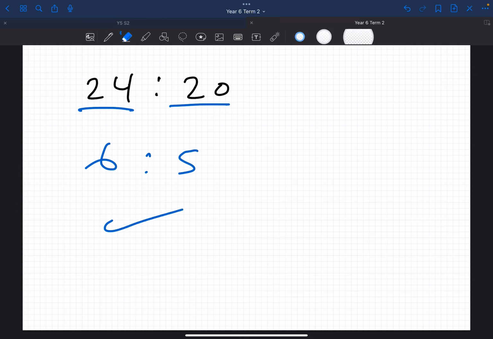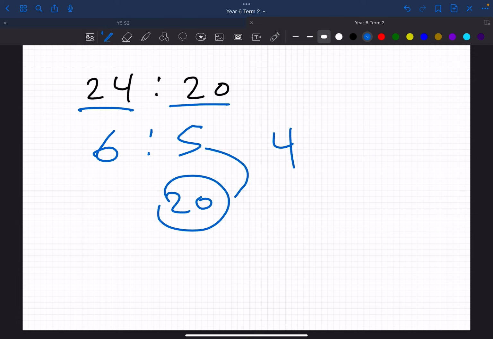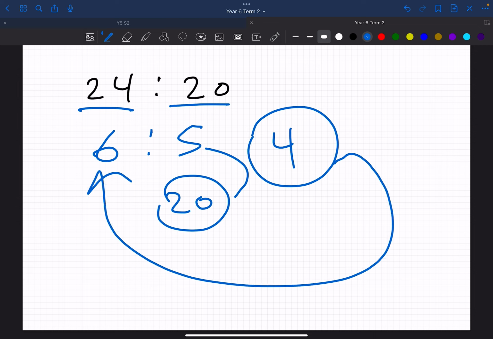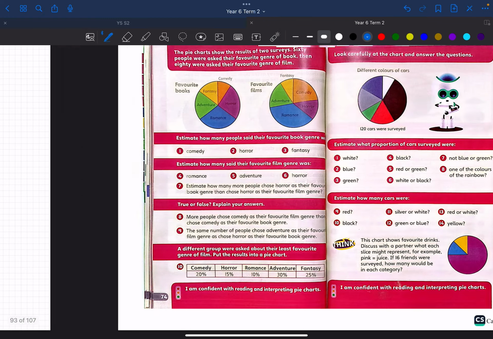So I am right. What was the step? The first step, I took the 20 and divided by 5. It gave me 4. Then I took the 4 and multiplied by 6, it gave me 24. 24 is the number of dogs. This is the principle that you have got in ratios, and hopefully you understood.